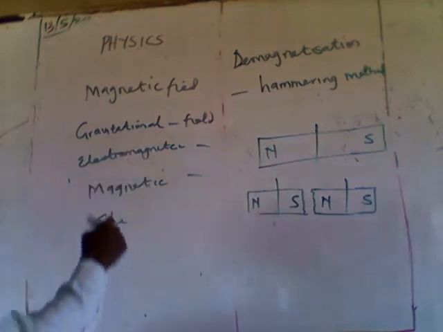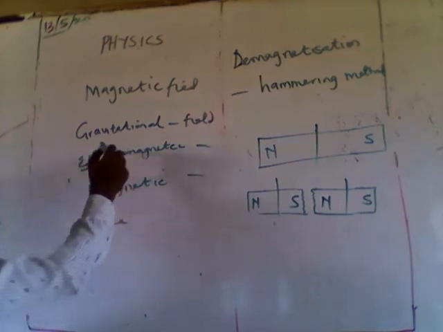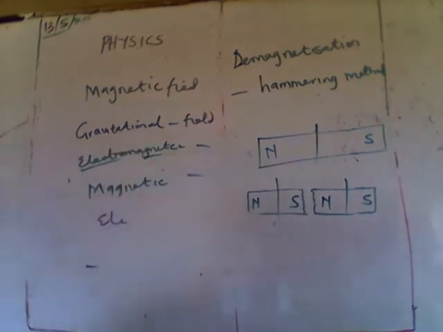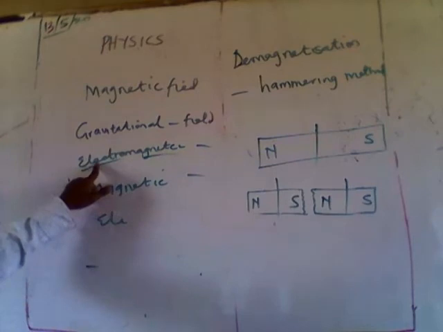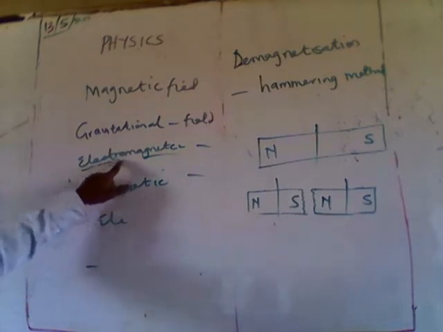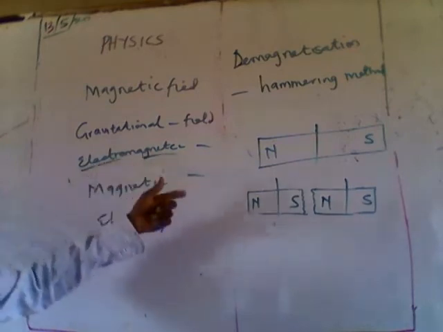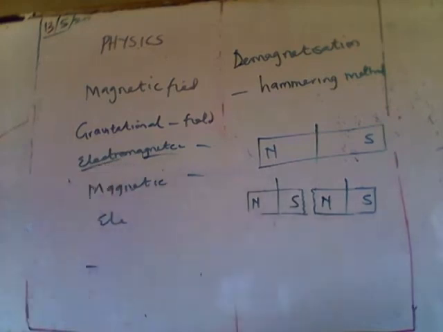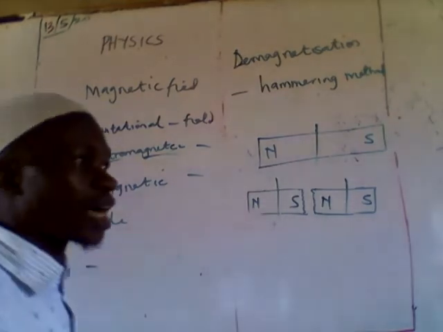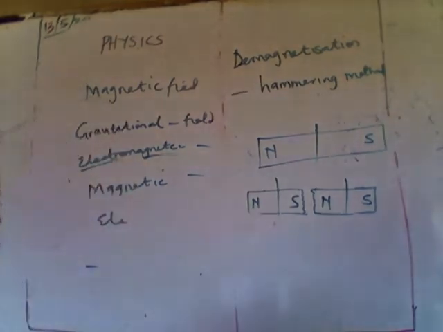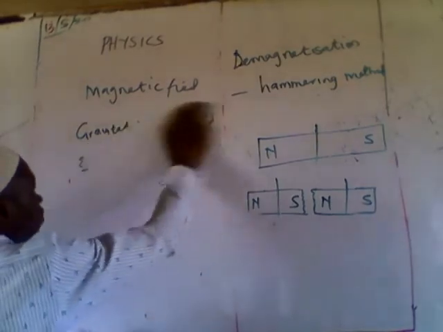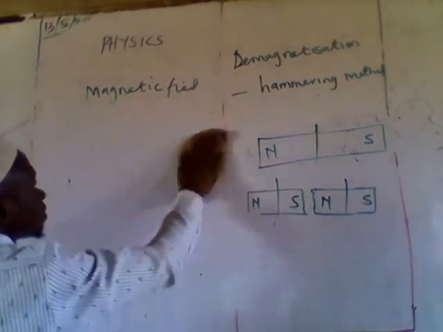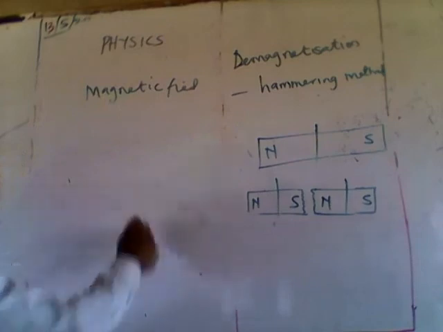Electromagnetic is a combination of electric and magnetic, so a region where the electrical and magnetic effects can be felt or detected is called an electromagnetic field. Likewise, a magnetic field is a region where the influence of magnetism can be felt or detected.